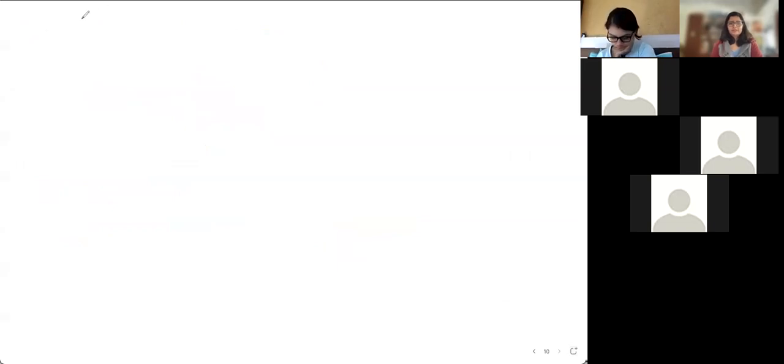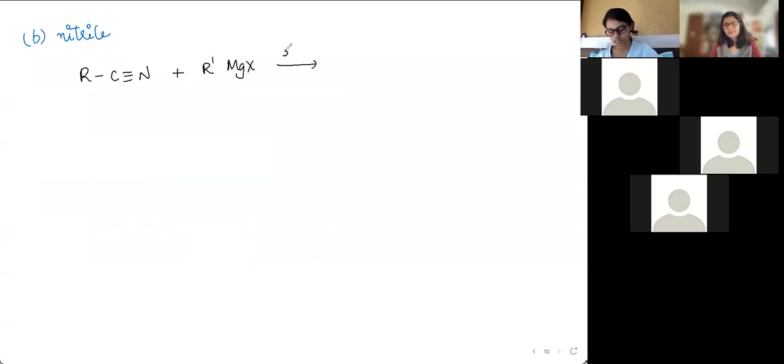Next, for aldehyde we saw nitrile. Either B, we look at reaction with nitrile. So nitriles again are C triple bond N. Here also treat it with Grignard reagent because you want to introduce an alkyl group. So R dash MgX in the presence of ether.